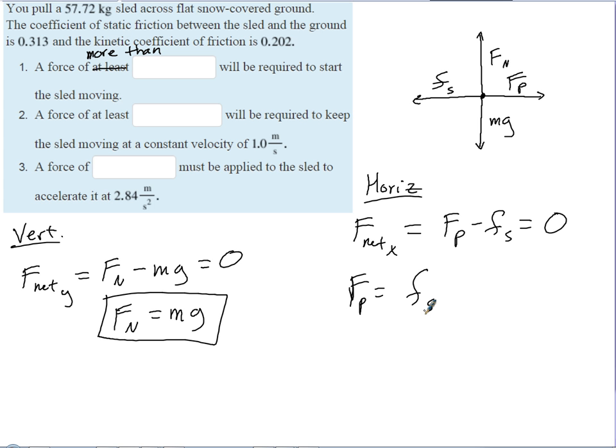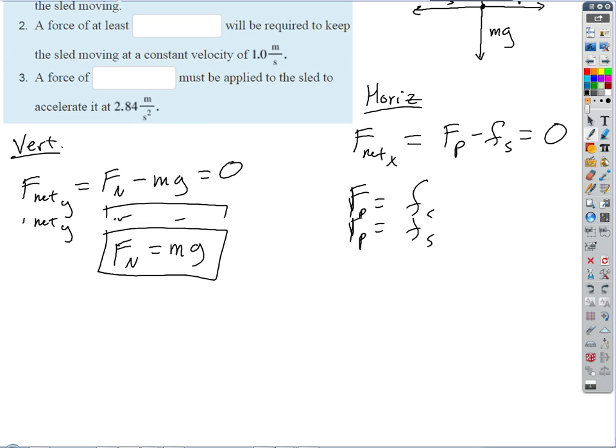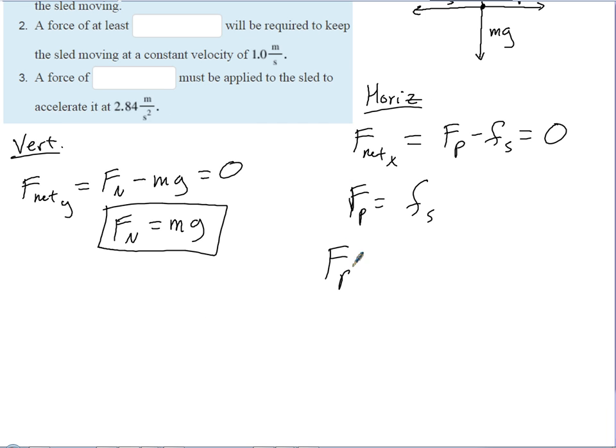We have a model for static frictional force. What is that? Okay, mu sub s, good. So pulling force, good. So it's mu sub s times normal force, but what's normal force equal to?